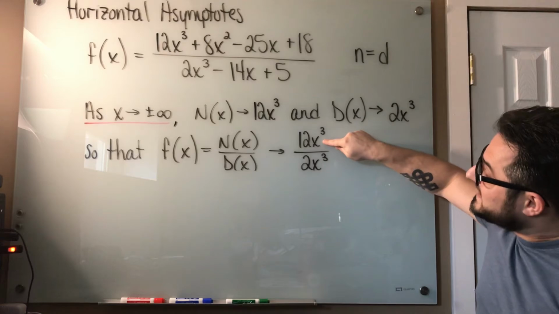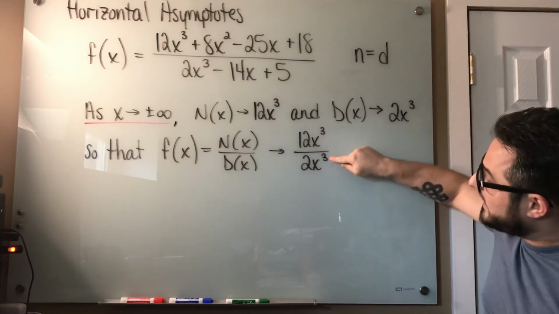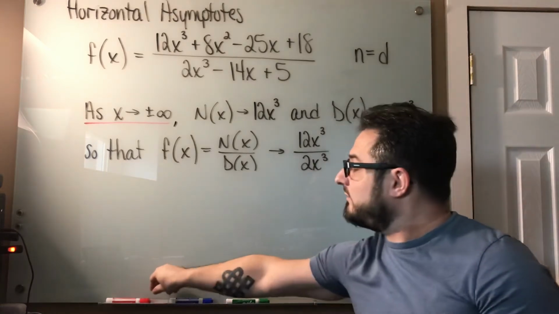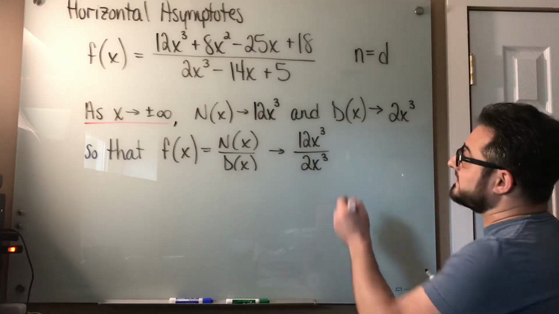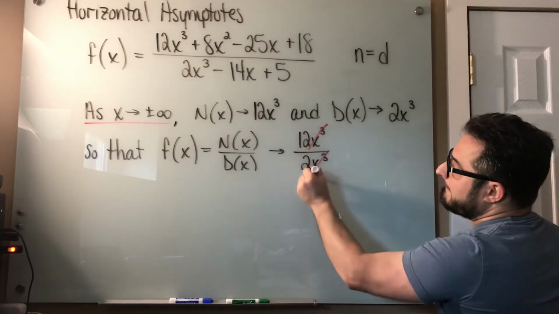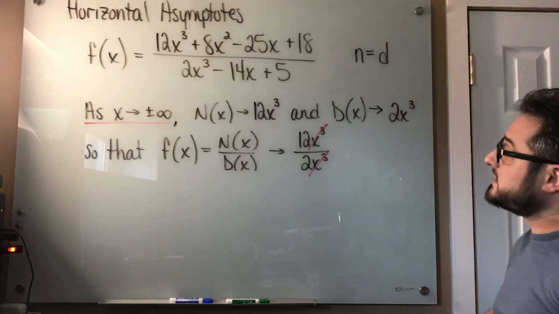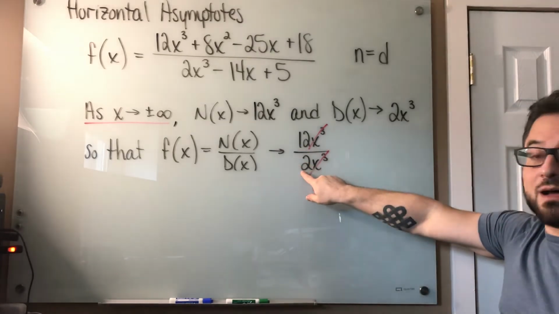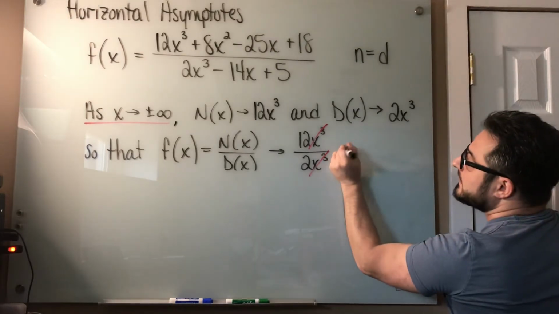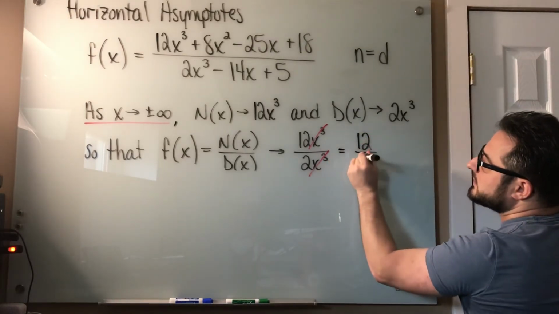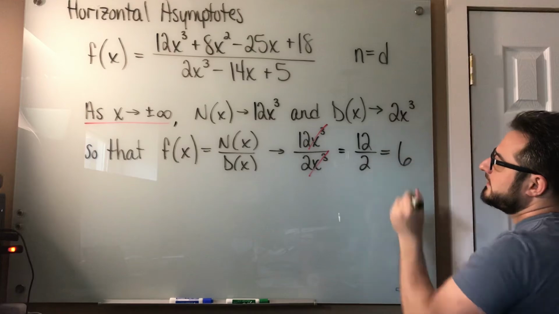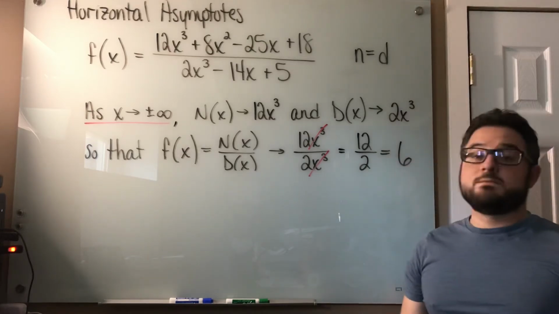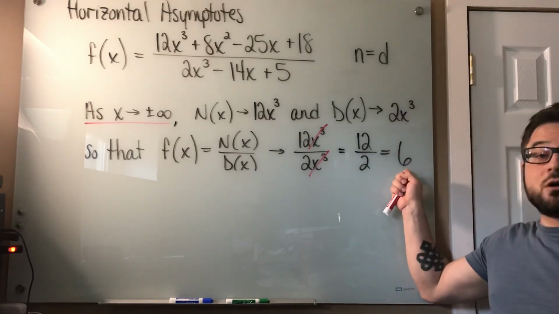And in this case, since it is the same power, top and bottom, all of the x's cancel out exactly, leaving us with just the lead coefficient of the top and bottom, which can then be simplified. Not in all cases, but in this one, yes. And that is where our horizontal asymptote is going to be, at y equals 6.